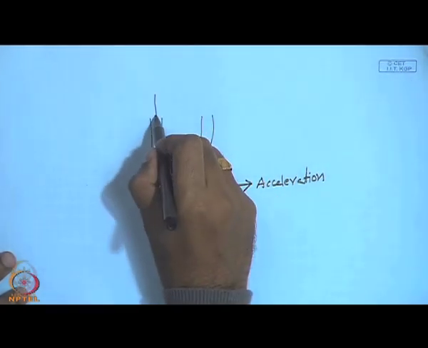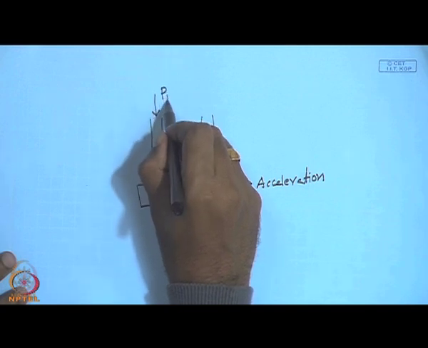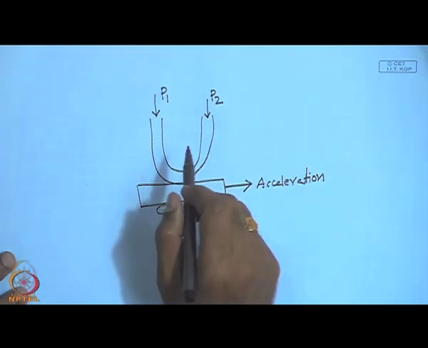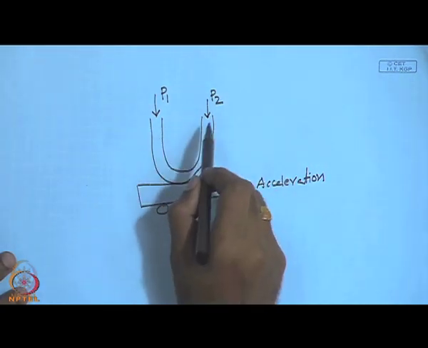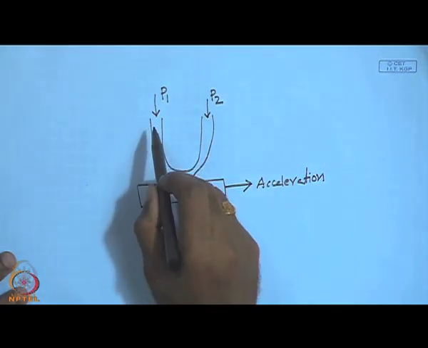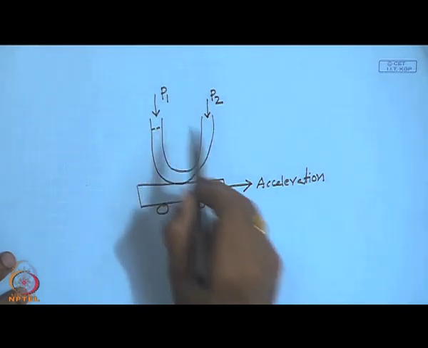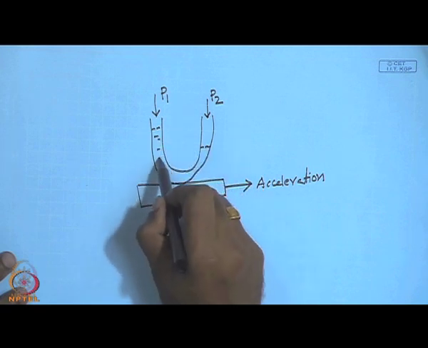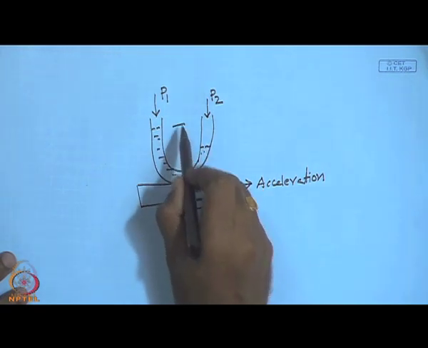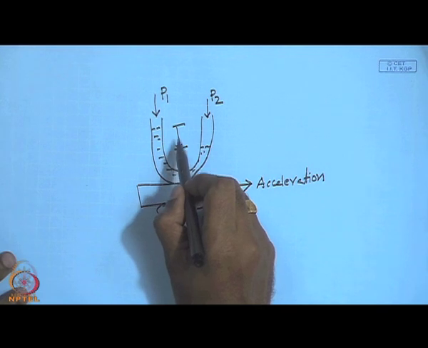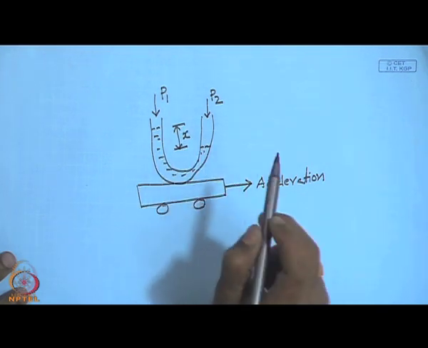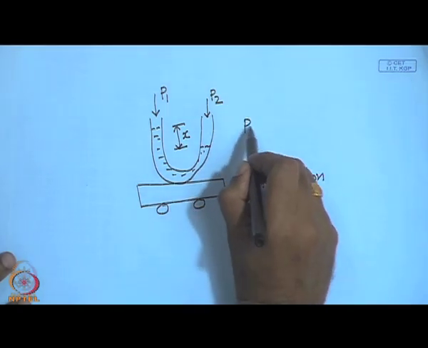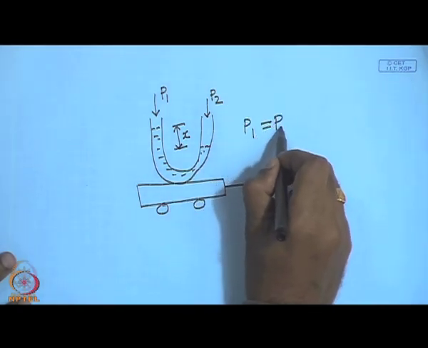Now, even if we apply the same pressure to both the limbs of the manometer, we will see a reading. Let us consider P1 equal to P2.